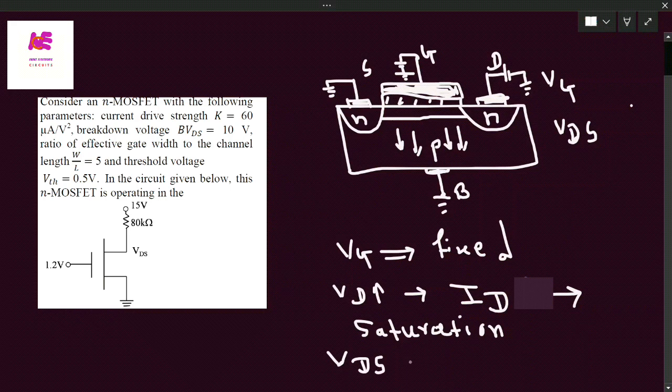I mean to say till a certain value of VDS, the MOSFET will operate in the saturation region. Above a certain drain voltage, if you increase the VDS voltage above a certain limit, then what happens here: the P side is more positive and more electrons will be attracted towards the drain terminal.